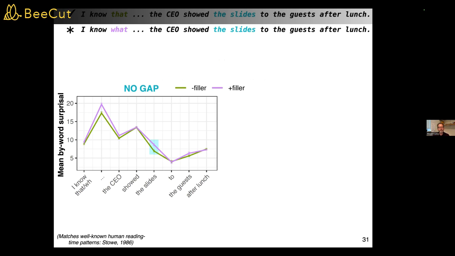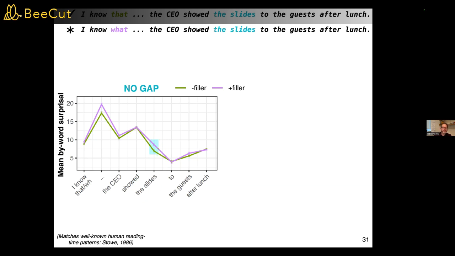So we'll first focus on the first pair where there is no gap. Okay, so here I have in the context either the word that was there, so there's no filler, or there is a filler. And what you can see is that when you get to the place where you might have a gap, but you don't, the model is more surprised when there was a filler than when there was no filler.